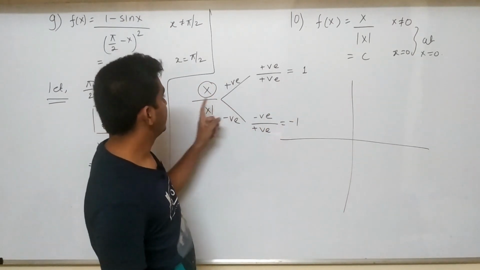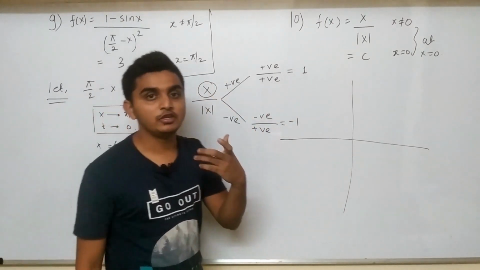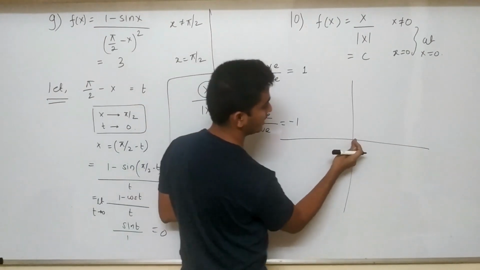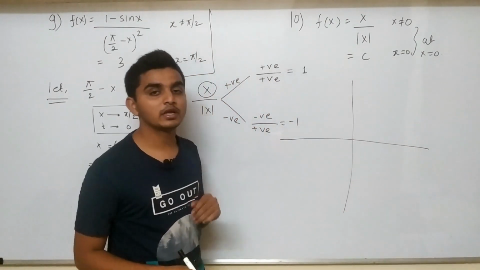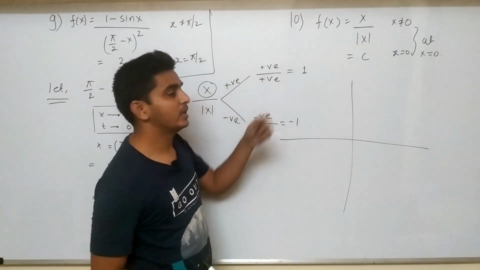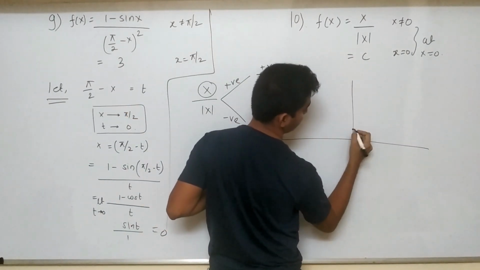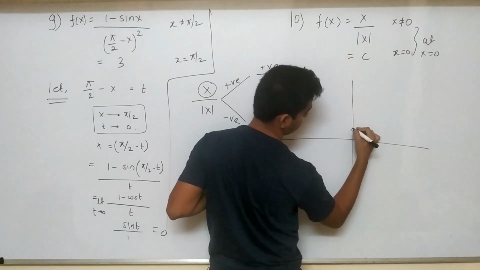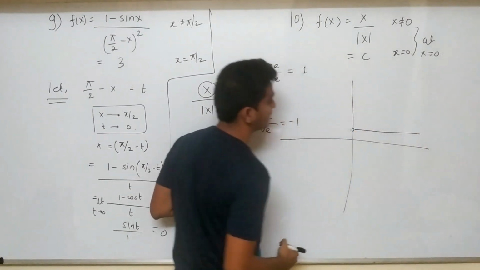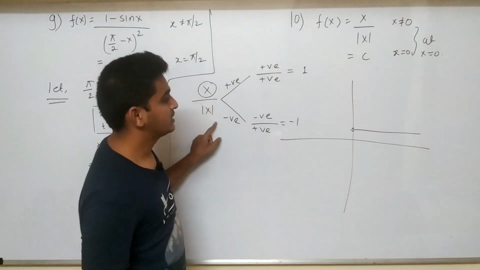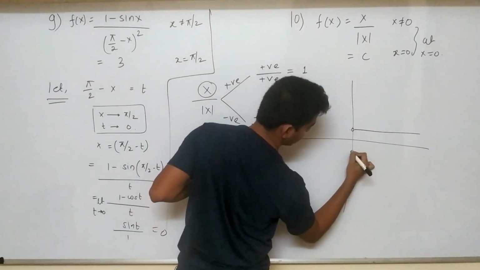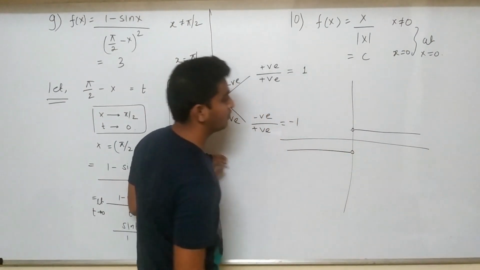So when x is greater than 0, the value is becoming exactly plus 1, right? The y value is exactly plus 1, except at this point. And when x is negative, it is becoming minus 1. And what are we given?